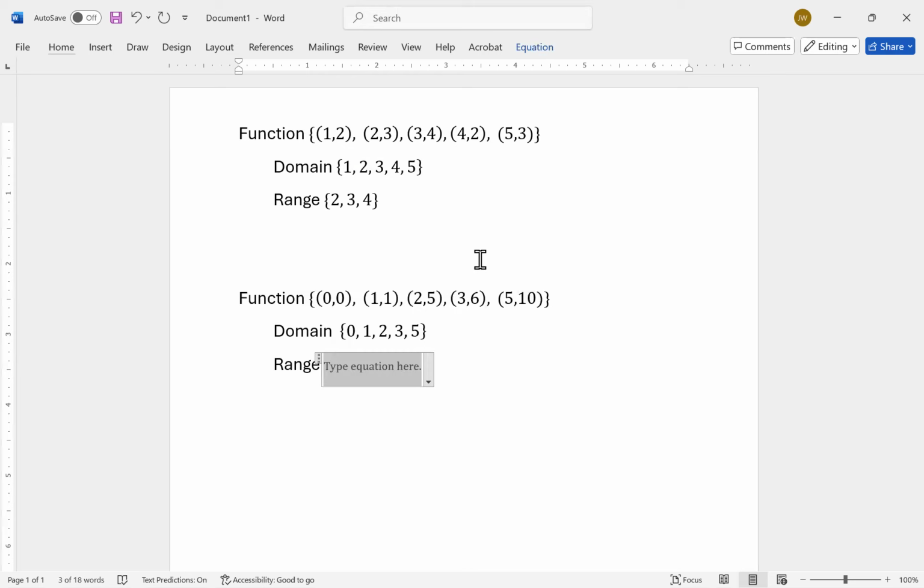Range is the set containing 0, 1, 5, 6, and 10. So that is the domain and range for these finite functions. That is, functions with a finite number of ordered pairs or a finite number of inputs.